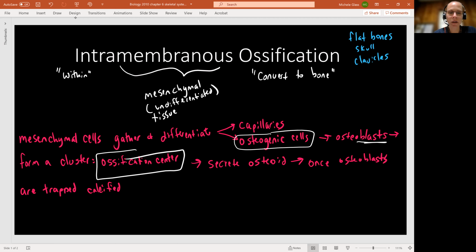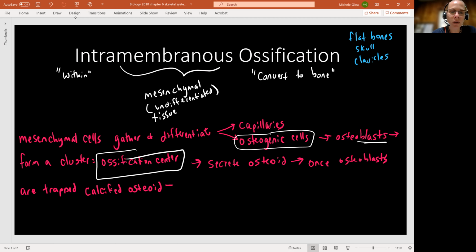So once they're trapped in calcified osteoid, essentially then we have bone. Calcified osteoid is essentially bone.